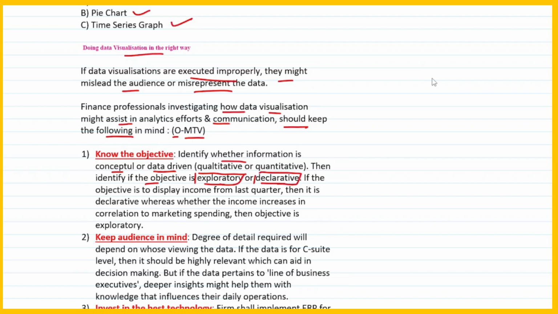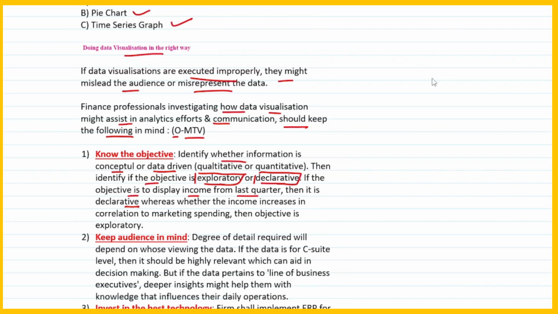So know the objective basically helps you to identify whether the objective is exploratory or declarative. Okay, let's understand what it is. If the objective is to display income from the last quarter, then it is declarative, right? So if you have to display the income, that is the numbers from the last quarter, then that is called declarative, because you are declaring something, right? Whatever has happened, you prepare a statement and you just declare.